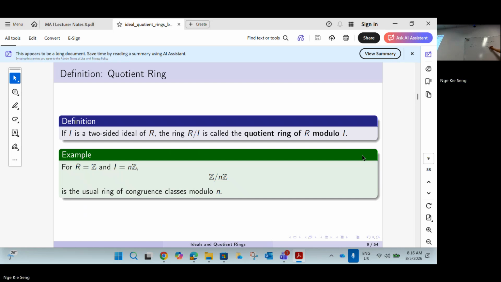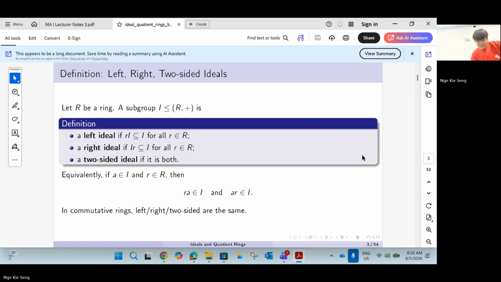z plus, for all, here z, we want to prove it's a subgroup of Z, and a subset.